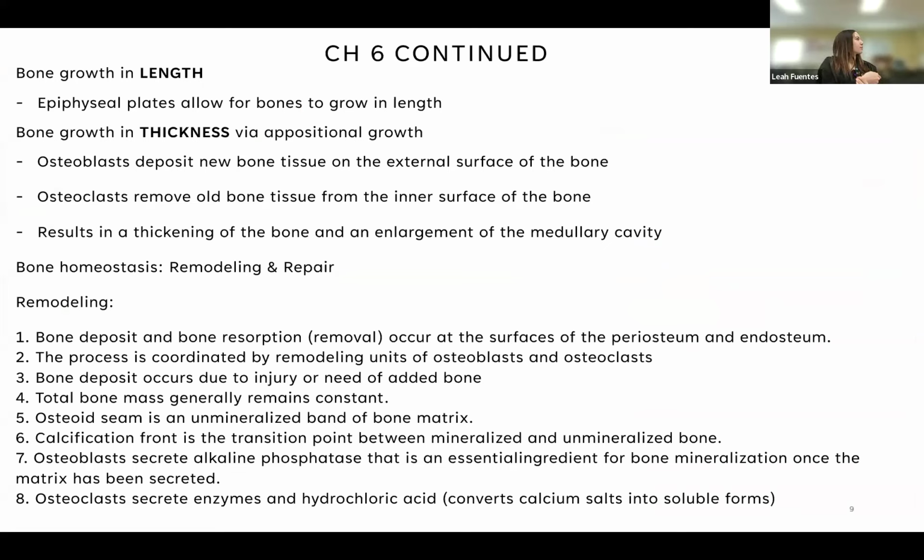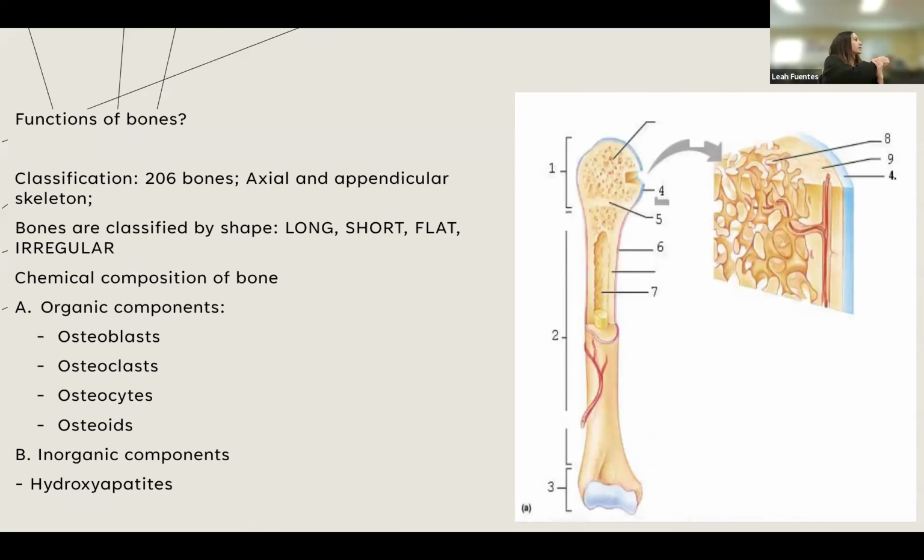Okay, and just like the rest of our body has to stay within homeostasis, so do our bones. So remodel and repair. For remodeling, the bone deposit and bone resorption occur at the surfaces of the periosteum and endosteum. Remember, the periosteum is this outside right here.